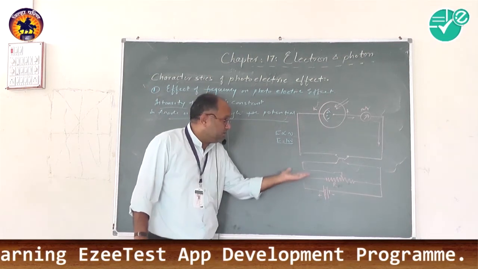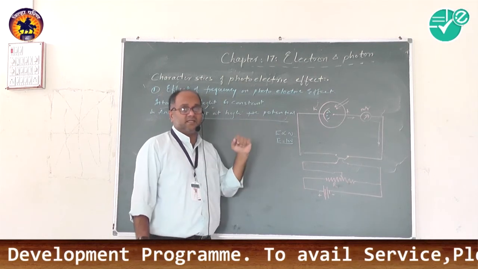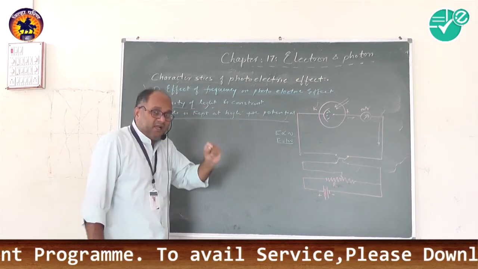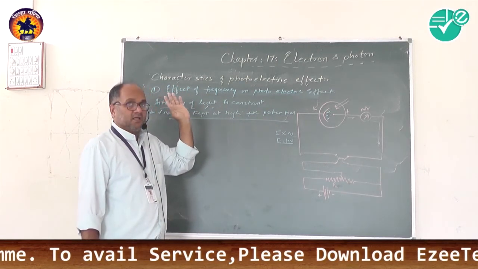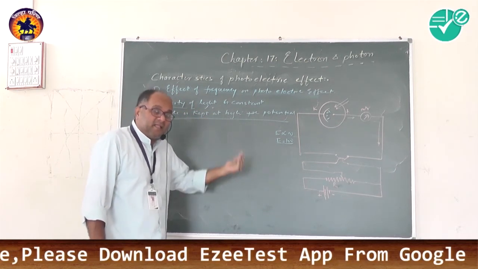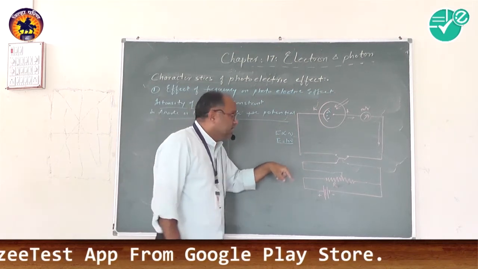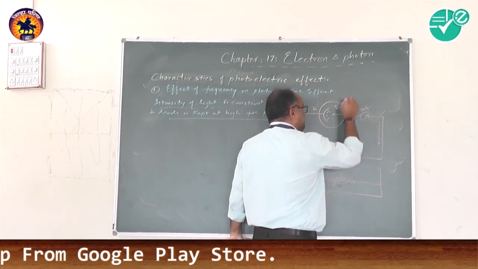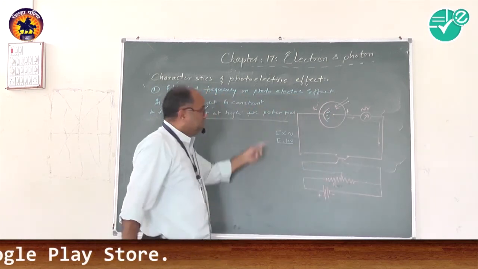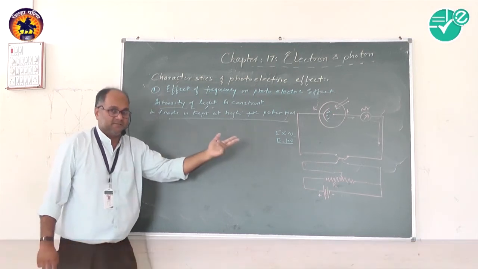At a certain frequency, the emission of electron takes place. And what was that point? At that point, the energy of the incident radiations is equal to the binding energy of the electron.